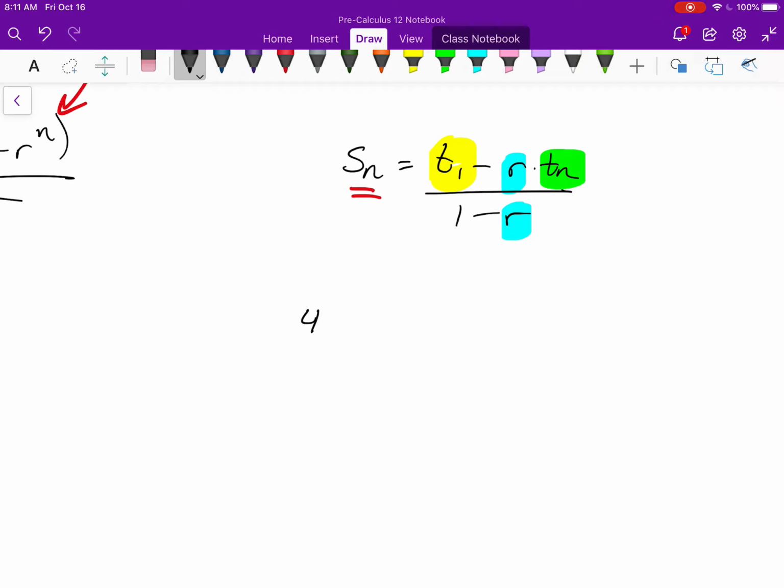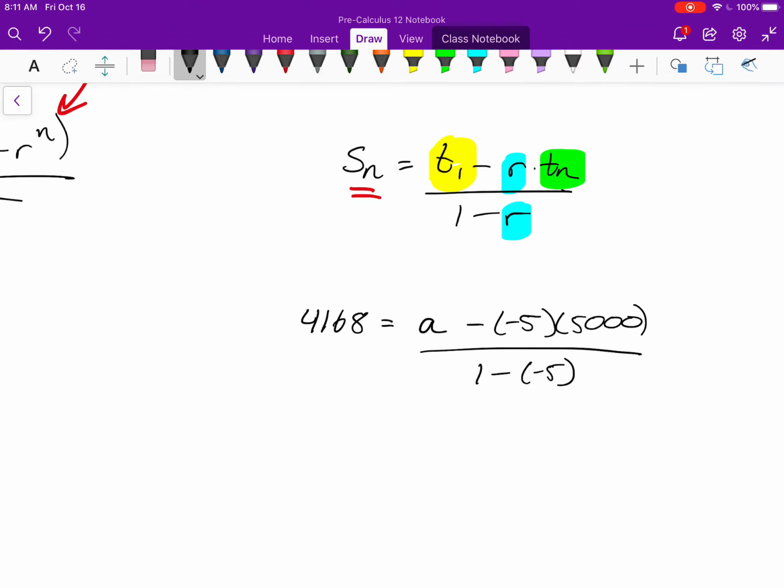So I have 4,168 equals A, or the first term, minus, now we've got to be careful, minus negative 5 times 5,000 all over 1 minus negative 5. So at this point, as long as we're careful, there's not much to it, but there's a lot of negatives going on.